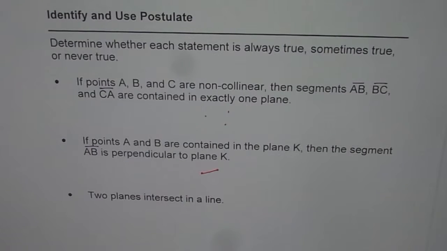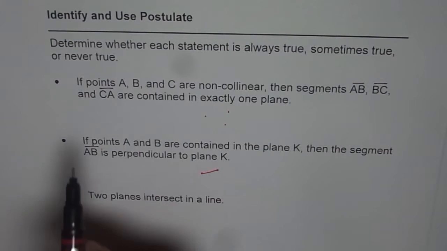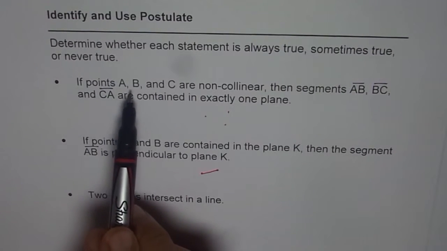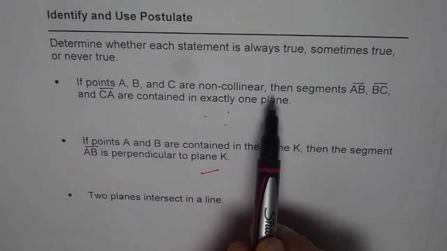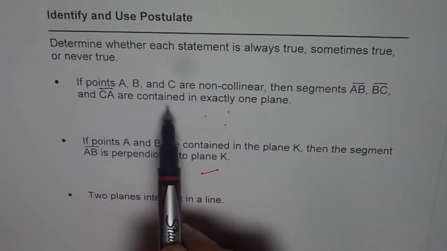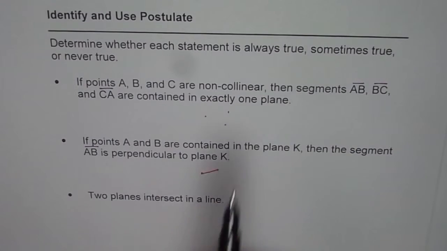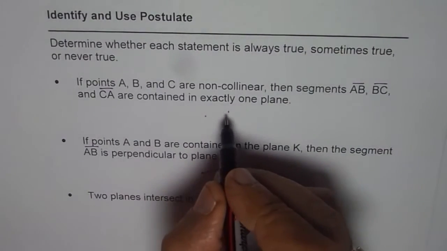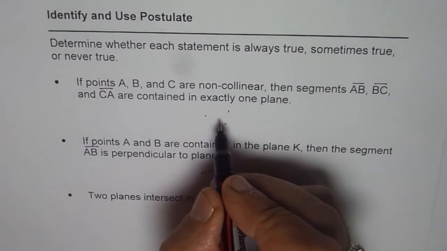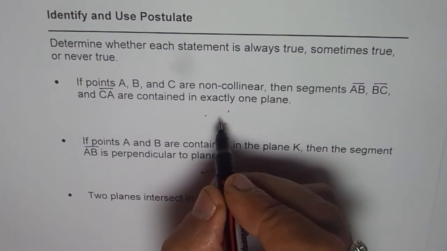Now here is how I will do it. The first one is, if points A, B, and C are non-collinear, then the segments are contained in exactly one plane. So we have 3 points, as we know from postulate 2.4, that a plane contains at least 3 non-collinear points.